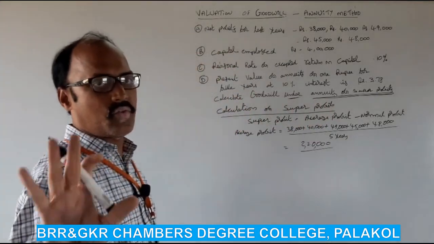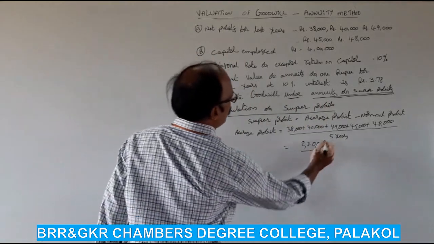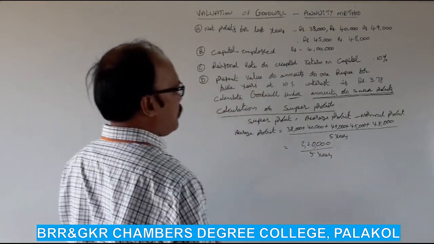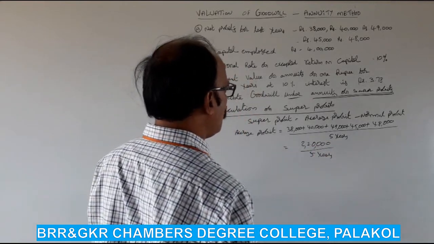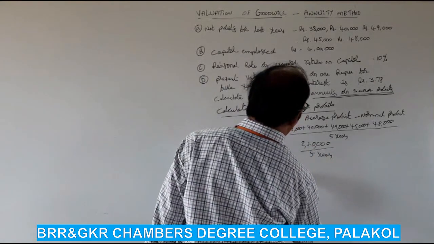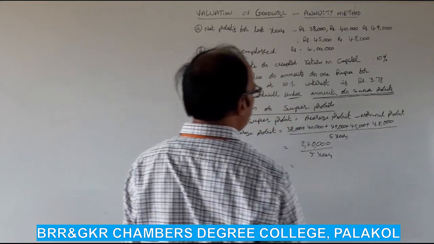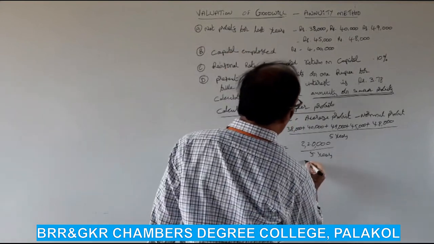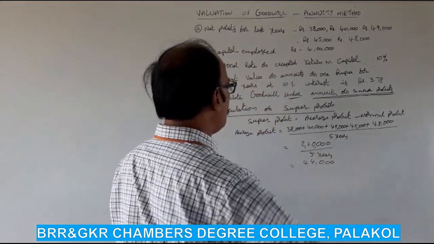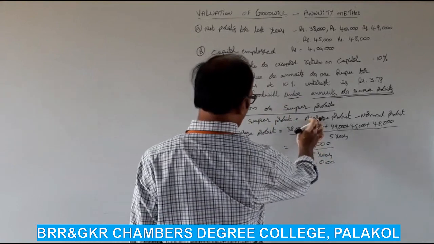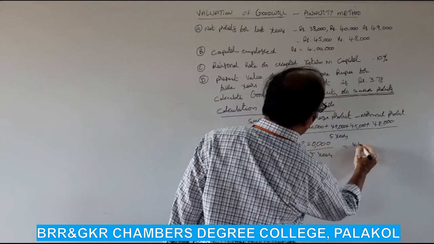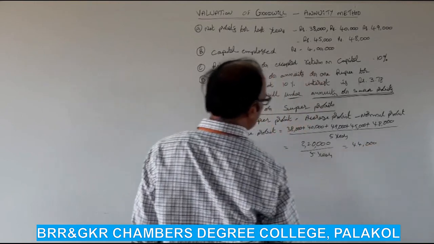Total of profits in 5 years 2,20,000 by 5 years, that is equal to 44,000. Average profit is equal to 44,000 rupees.